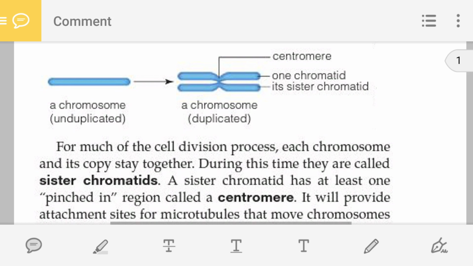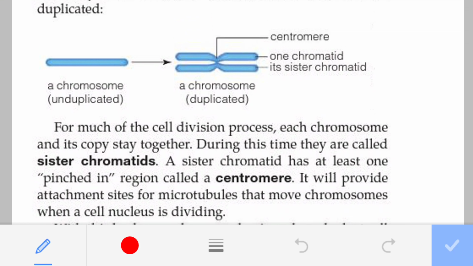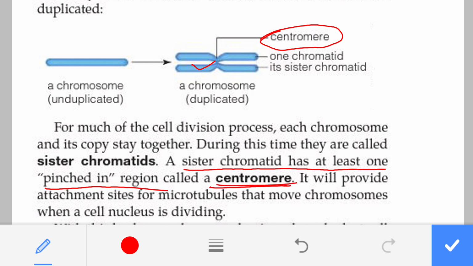Now as you can see in the chromosome, the centromere is present. So we can say that a sister chromatid has at least one pinching region. For example, this one is a pinching region, and this pinching region is known as centromere.